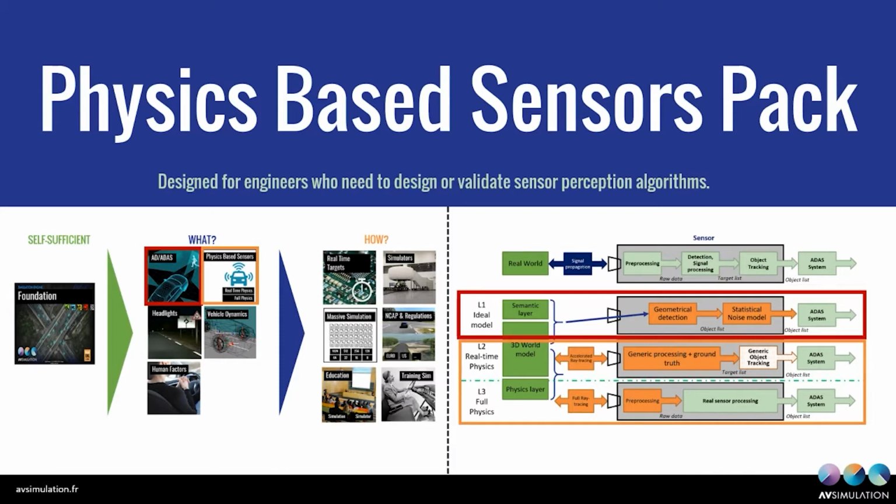So we are a little bit at the opposite of level 1. At level 3, we will give you the full physics signal and very raw data that you will need to process with your different technology. That's level 3, a little bit the opposite of level 1. In between, we have level 2. As you can see, we take into account exactly the same layers, the 3D and the physics properties of your scene.